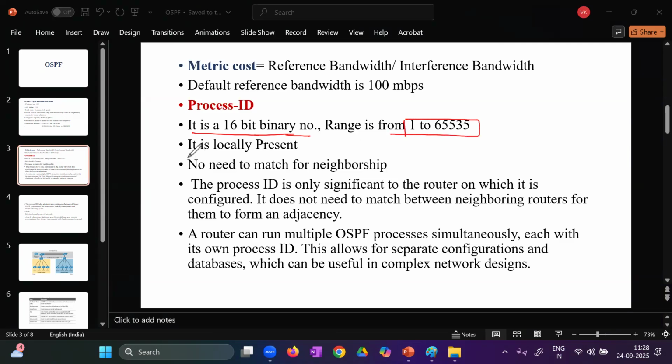Okay, it means that this is the range of the process ID. It says that it is locally present. Locally present means it is not going to have any importance in forming the neighborship. Generally, why do we need this process ID? So we can understand here two, we can say administrative differences.